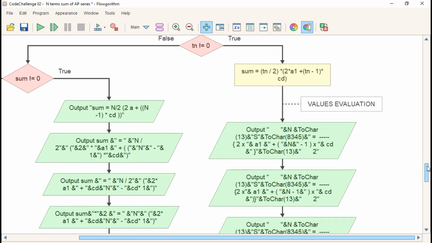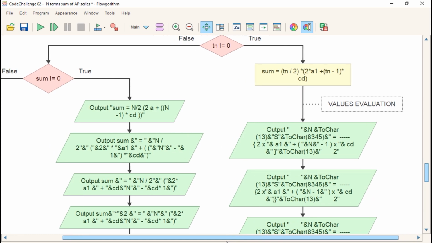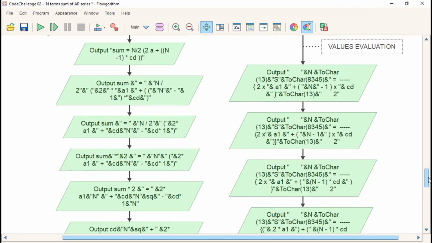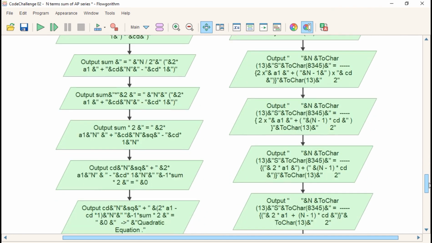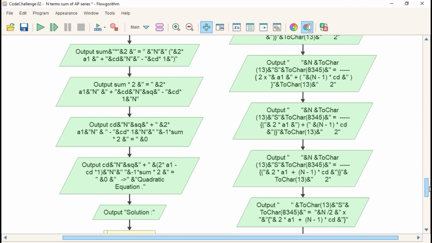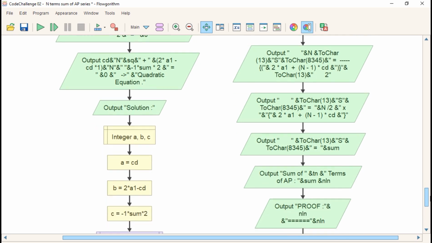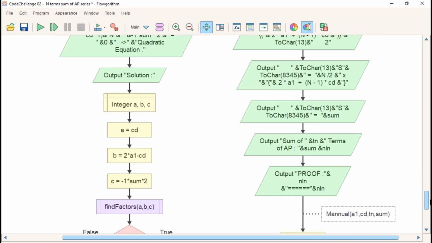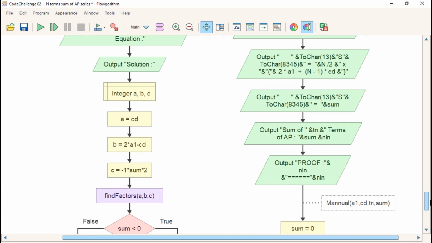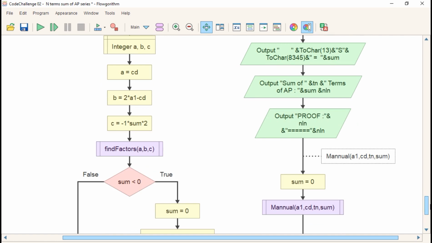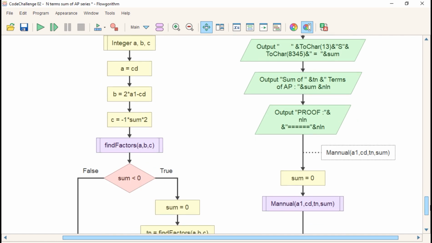The first if symbol finds the sum when the terms count is given. During its process, this section calls the user-defined function manual with the specified parameters.